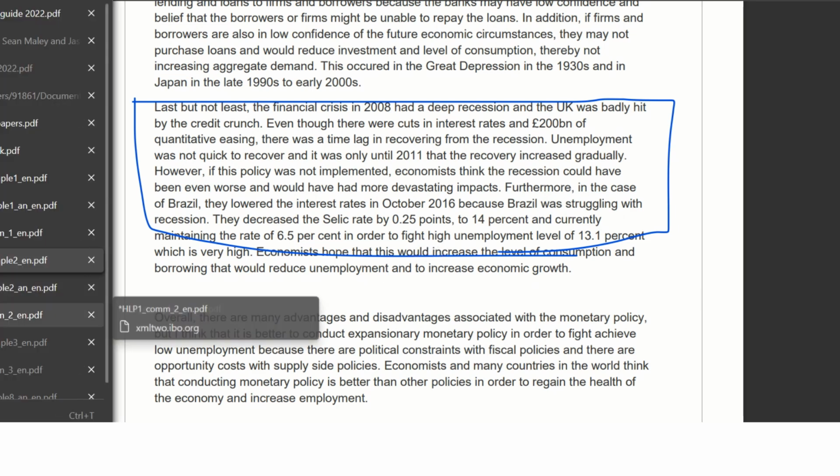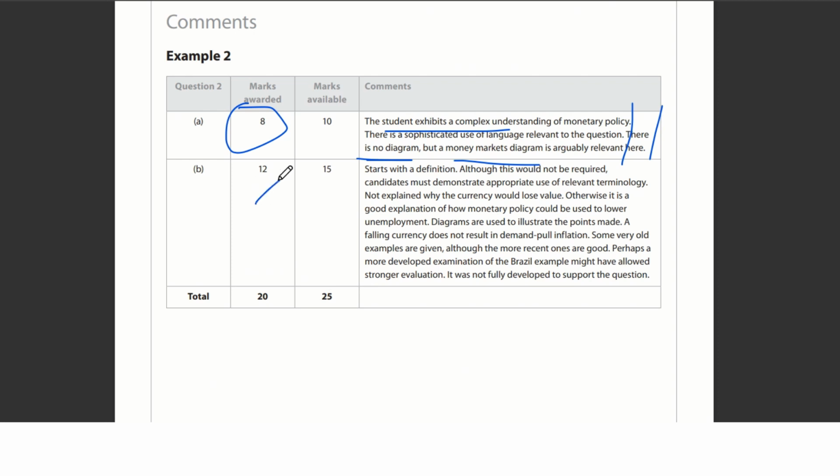So the examiner feedback for that one is 12 marks, and he stated that it started with the definition. Although this would not be required, the candidate must demonstrate appropriate use of relevant terminology and good explanation. Diagrams are used to illustrate the model.